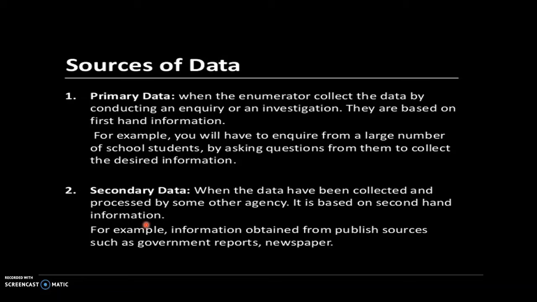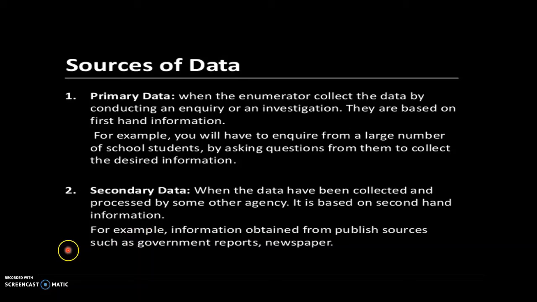Use of secondary data saves time and cost. For example, after collecting the data on the popularity of a film star among students, you publish a report. If somebody uses the data collected by you for a similar study, it becomes secondary data.